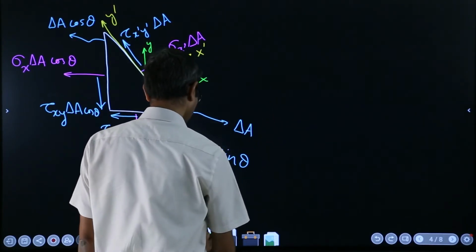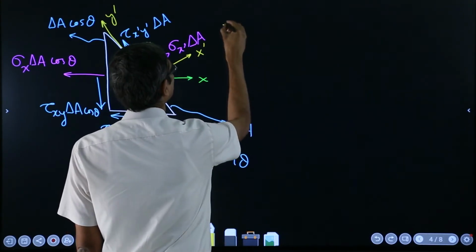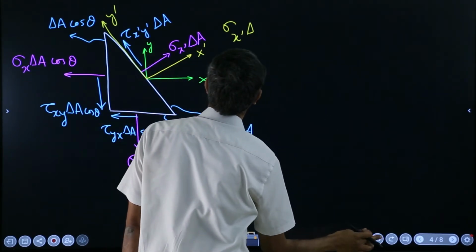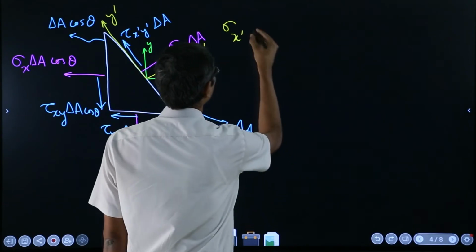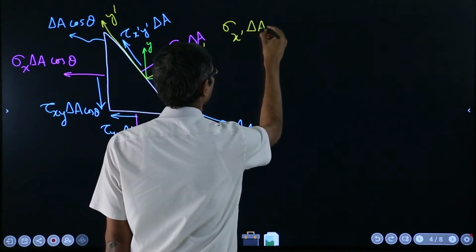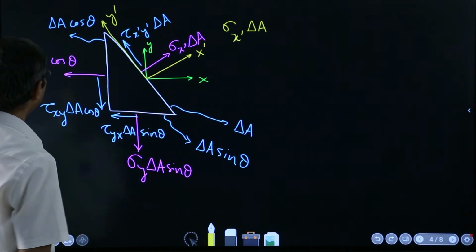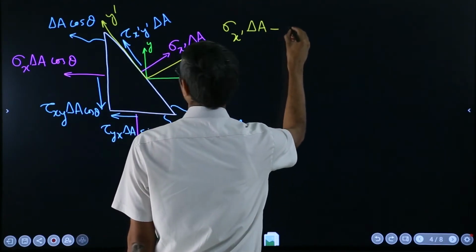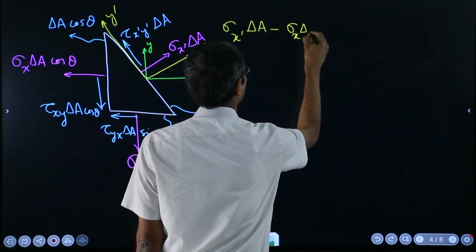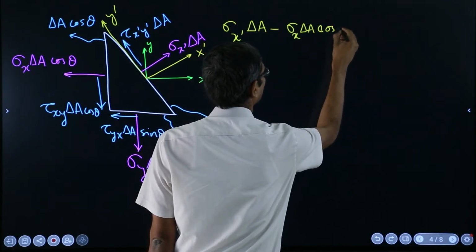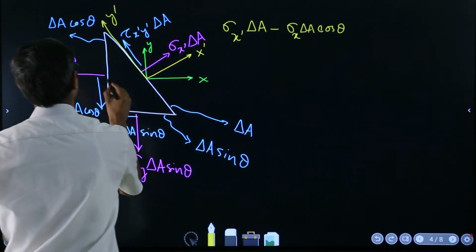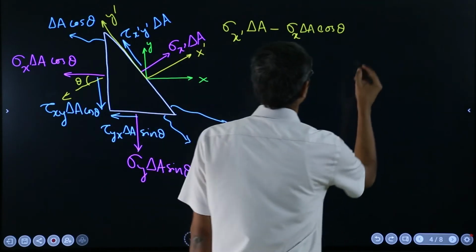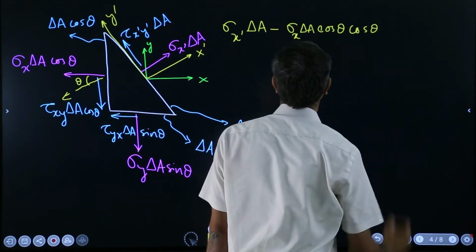I am writing sigma x primed delta A. This is in this direction, then the component of this in negative x direction is minus sigma x delta A cosine of theta, but it is on this side. So, this is theta. So it is cosine theta component, cosine of theta.